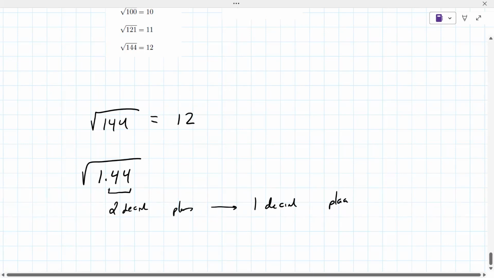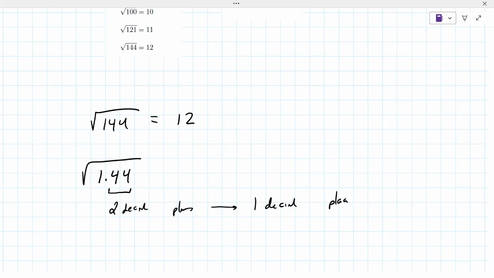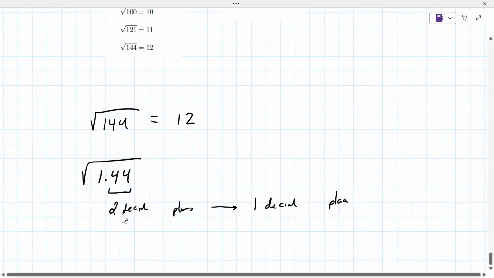I don't know if that's the way they said it in class. Is that the way they said it? Because I don't want to go off on a tangent if that's not.